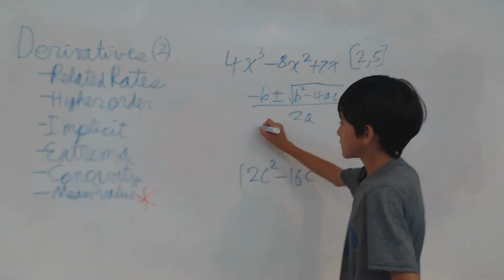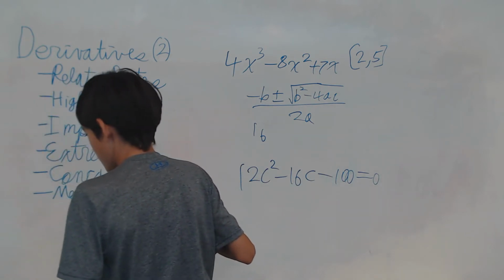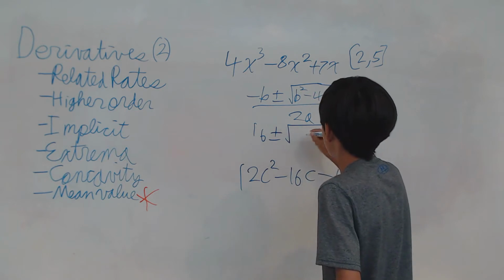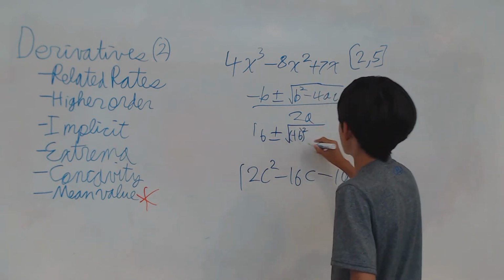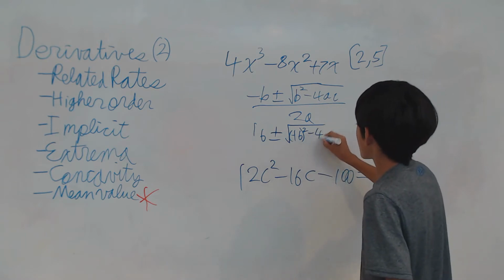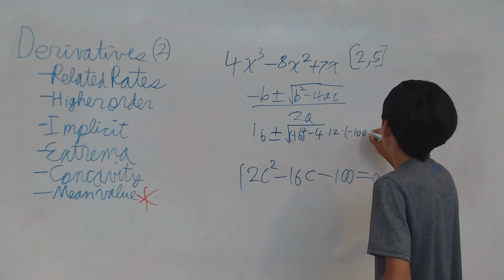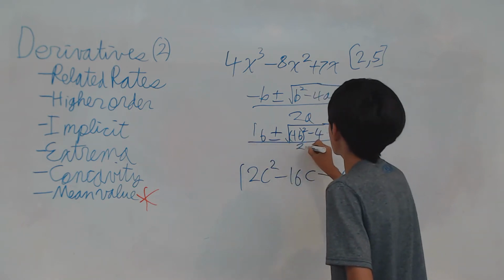Negative b is 16 plus or minus the square root of 16 squared minus 4 times 12 times negative 100, all over 2 times 12.